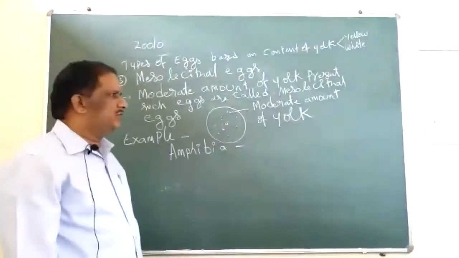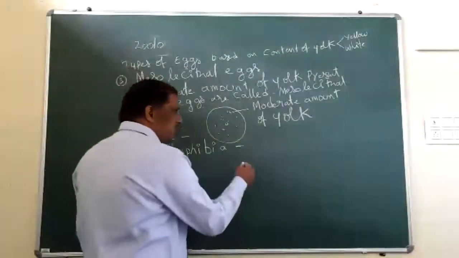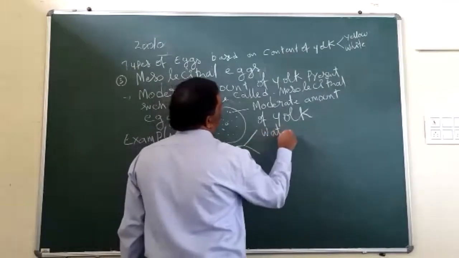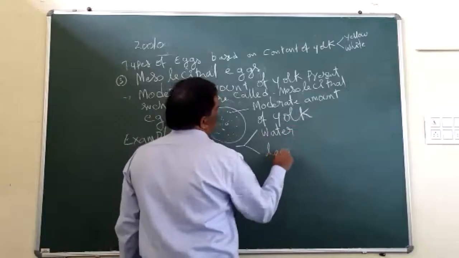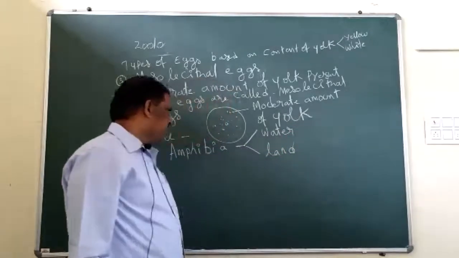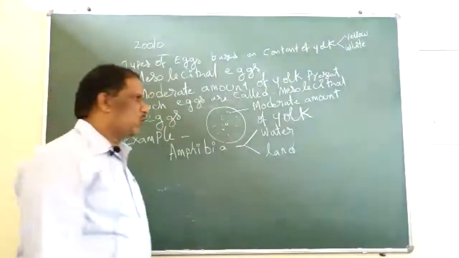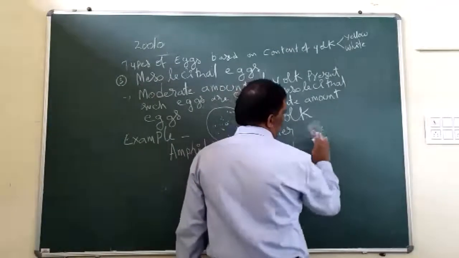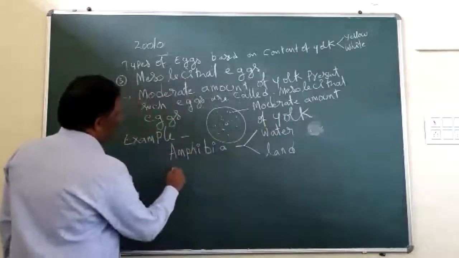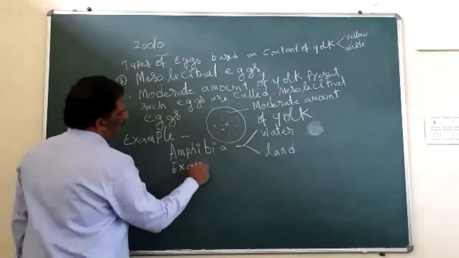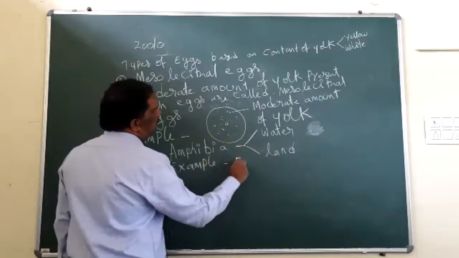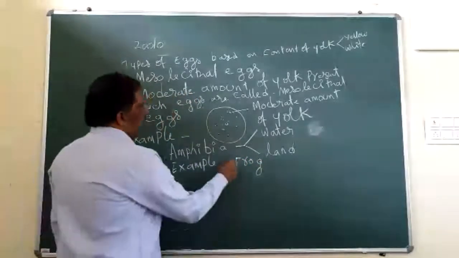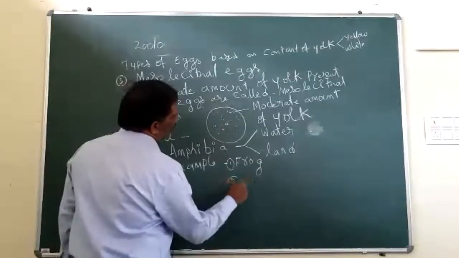What are amphibians? Those which live in water and land. Amphibian examples: frog, and the second one is toad.